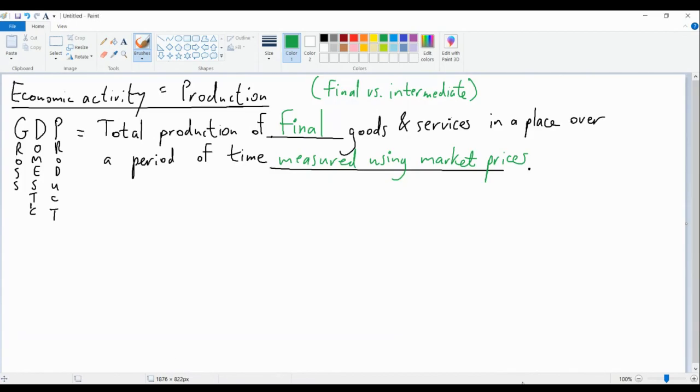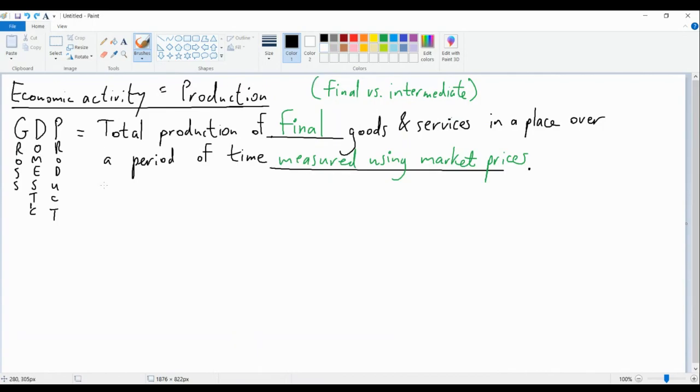That could be because the final goods and services increase, or, as Sophia and Marshall just said in the chat, it could be because the prices are changing over time and going up and up and up. So that means that this definition is not really enough for us. We're going to need something better, something that distinguishes between prices and quantities changing.